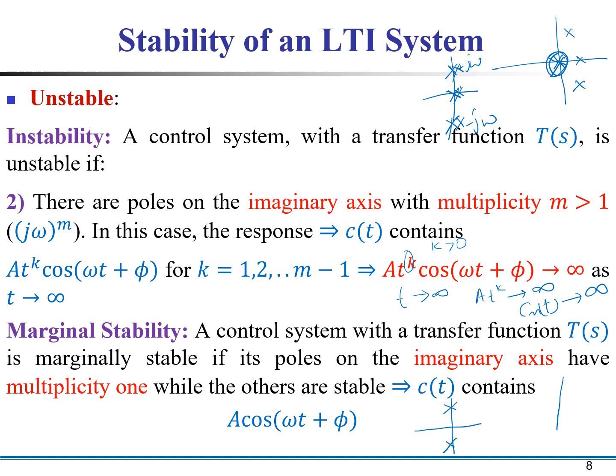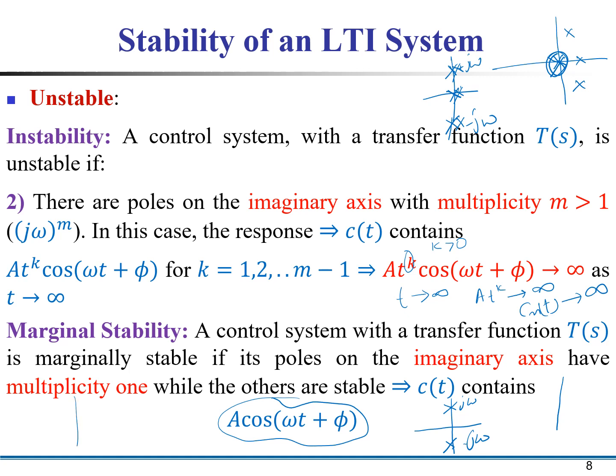Suppose I have a pole here and another pole here, they are on the imaginary axis. So the inverse Laplace transform of the system will be somehow in this format. So this is a bounded output for a bounded input. This means the system is stable.